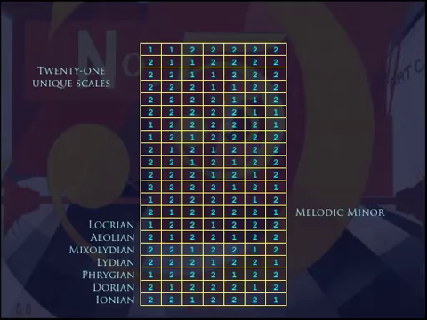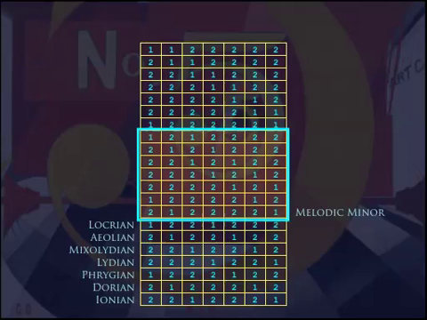Now it turns out that the next 7, these here, are all the different modes of the melodic minor scale. So if we took the melodic minor scale and did the same kind of rotation technique that we did, then we would get these 7. So we'll call those the modes of the melodic minor scale.